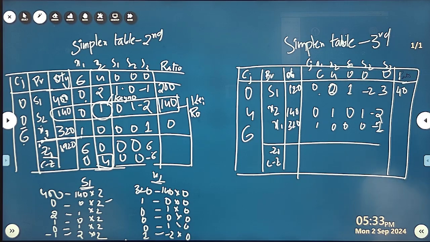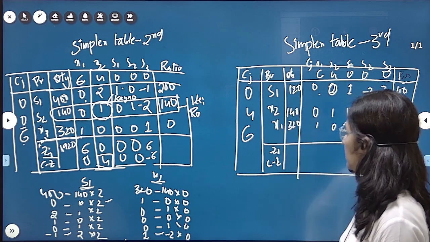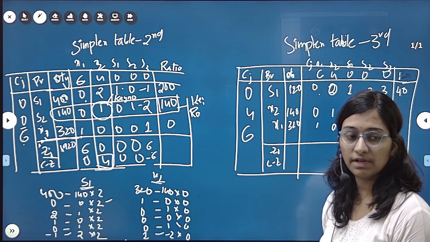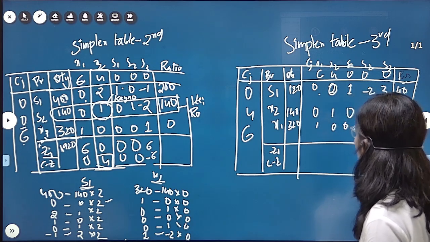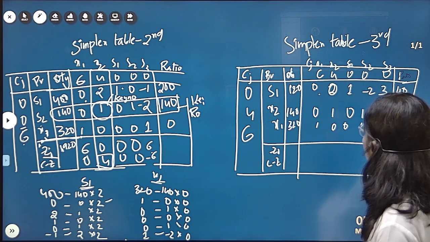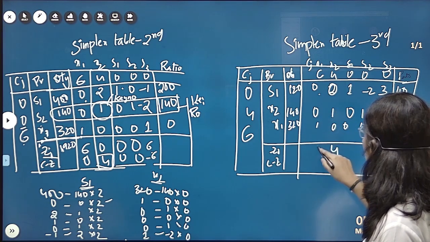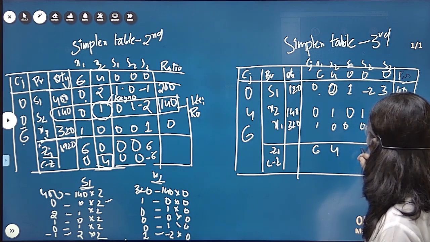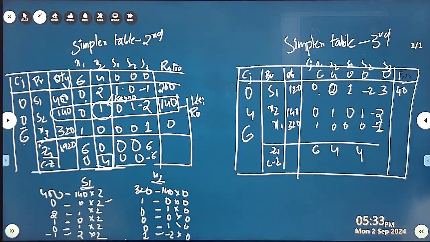Finished, everyone? So tell me, zj values: 0 into 120, 0, 4 into 140 plus 6 into 320. Tell me the value. Here 4 into 1, 4, 6, 4, 4 into 2 minus 8, 8, 6.